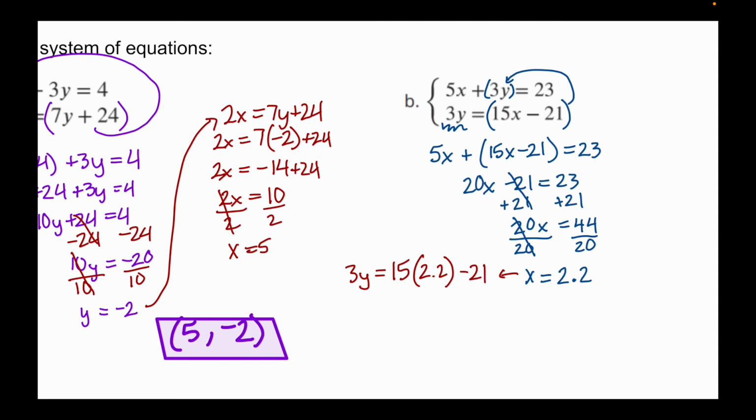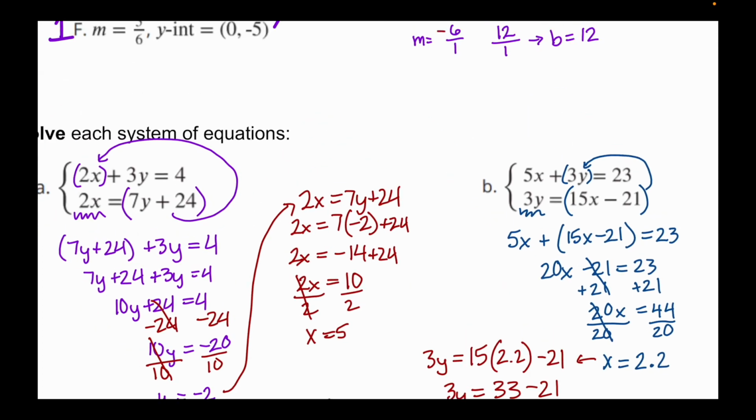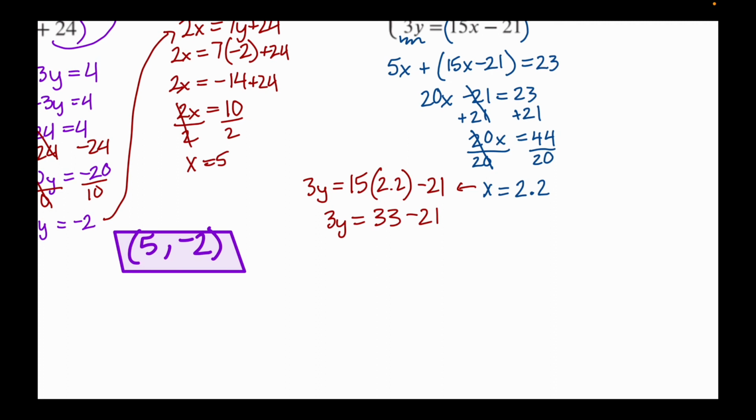So 2.2, if I multiply that by 15, is going to give me 33. So 3y equals 33 minus 21. So 33 minus 21 is 12. So 3y is going to equal 12. And last step, divide both sides by 3. You'll get that y is equal to 4.